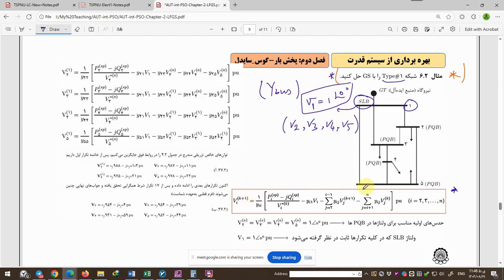And the main formula for finding Vi in iteration k plus 1 is written here.